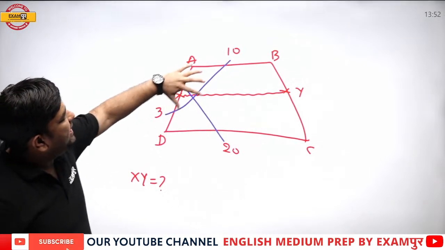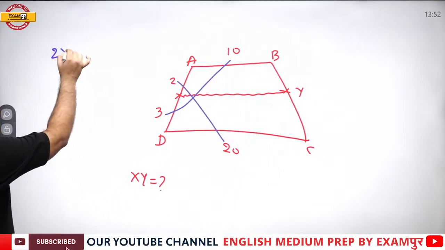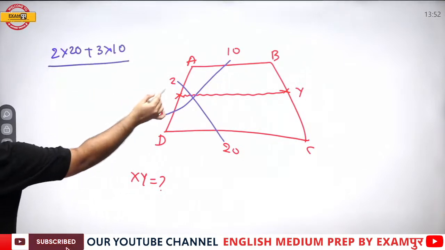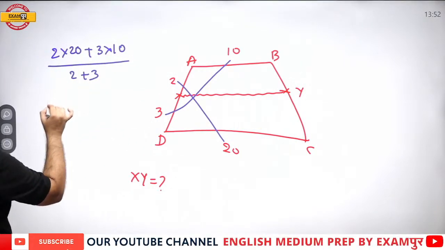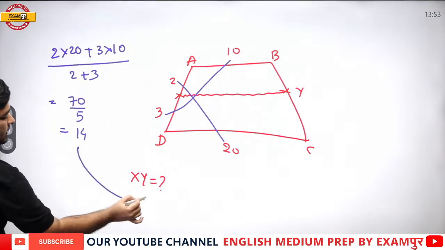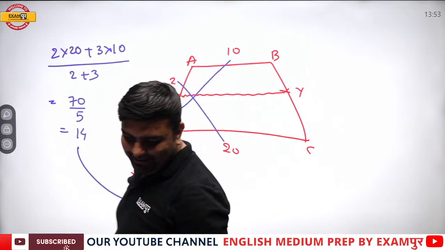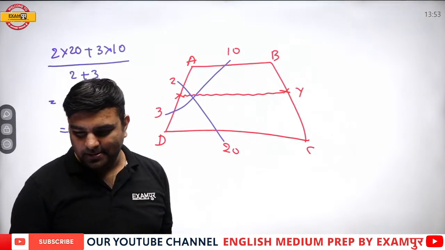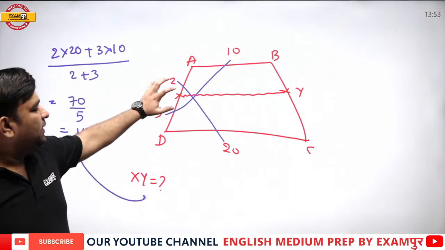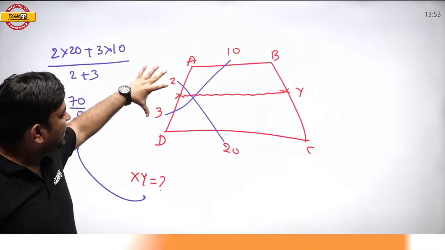A1x1 plus A2x2 upon A1 plus A2. Cross multiply: 2 into 20 plus 3 into 10, that is 70, divided by 2 plus 3, that is 5. So 14. Perfect.